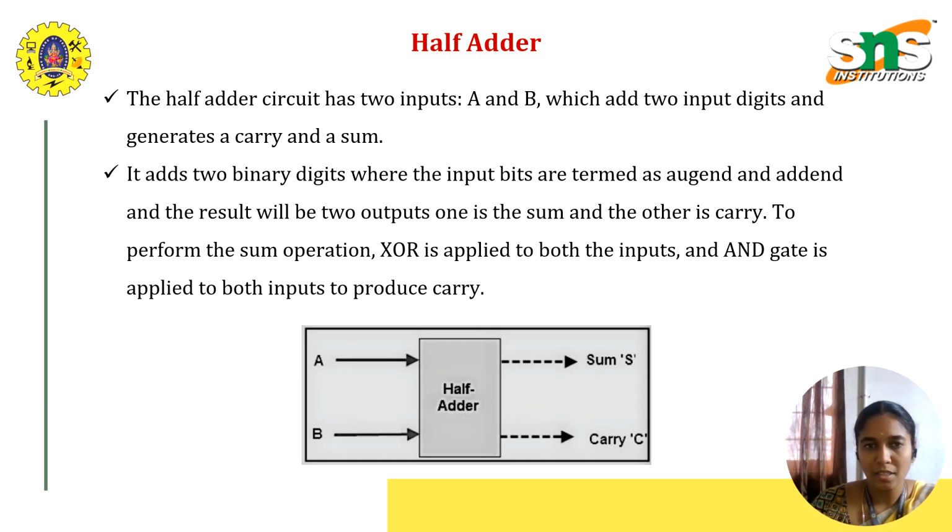It adds two binary digits, where the input bits are termed augend and addend, resulting in the sum and carry. For the sum operation, an XOR gate is applied to both inputs, and an AND gate is applied to produce the carry. This is the block diagram representation of the half adder.